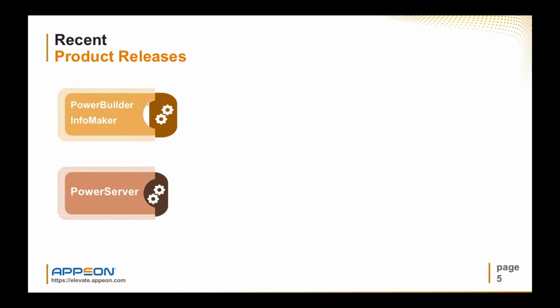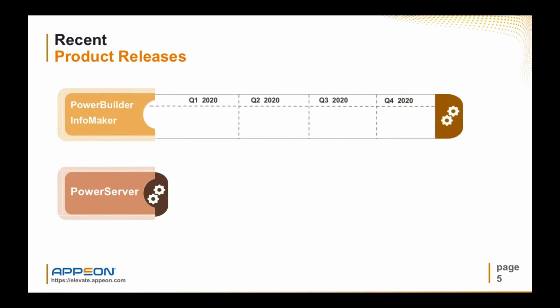Recent product releases. In early Q2 this year, we delivered PowerBuilder and InfoMaker 2019 R2. And then in September, the 2019 R3 beta was started. Over this past year, MRs have been arranged based upon customers' needs and issues.